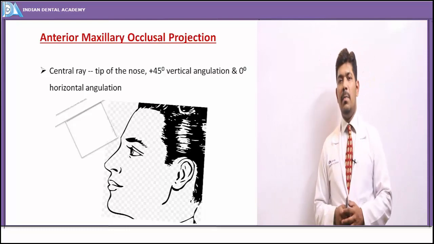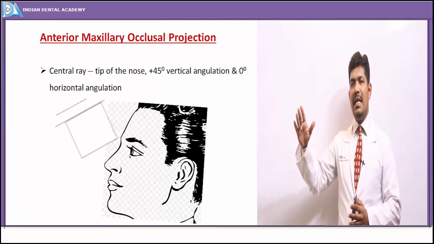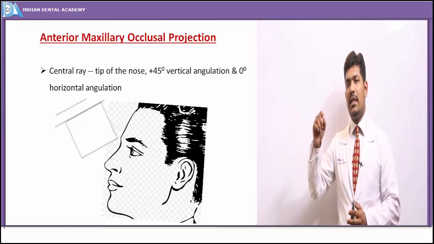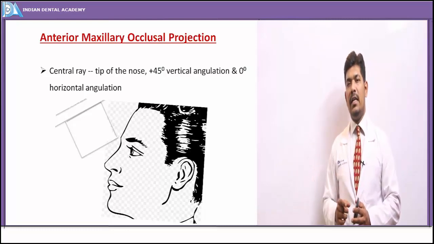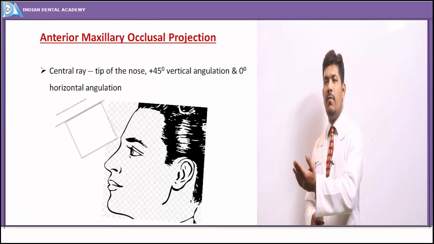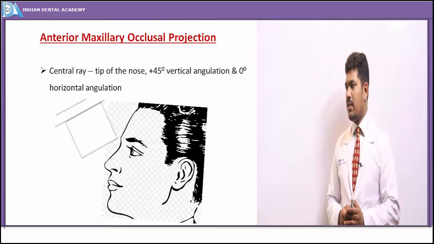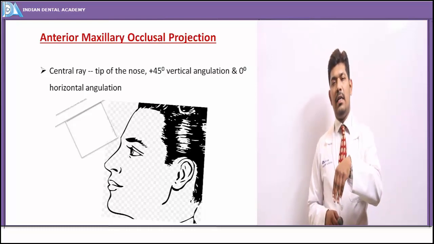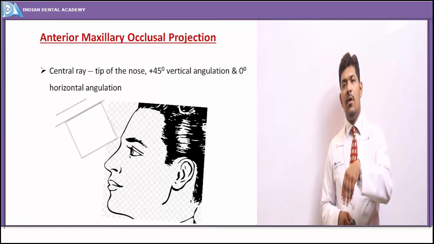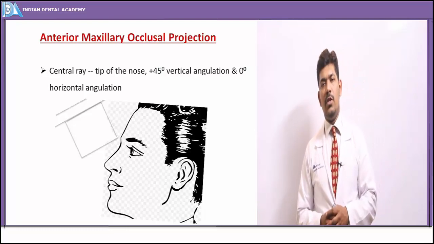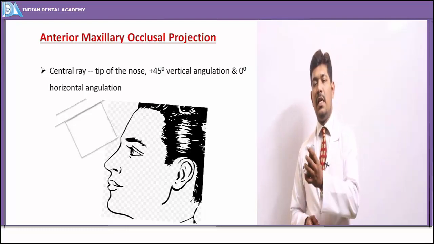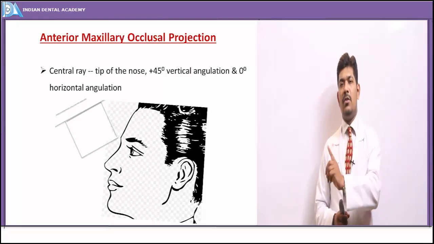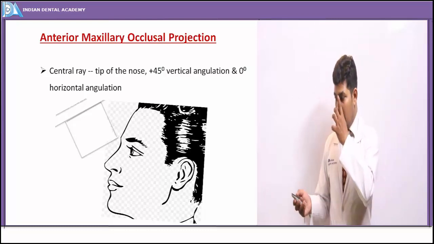The X-ray beam is placed at a steep angulation, the central X-ray beam passes through the tip of the nose at a 45 degrees angulation, and obviously 0 degrees horizontal angulation. So that enables us to view the anterior teeth and its structures from an up-down position, and this also helps in conjunction with the intraoral radiograph to give a third dimension to these 3D structures.